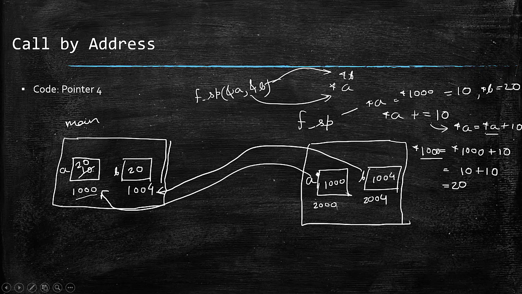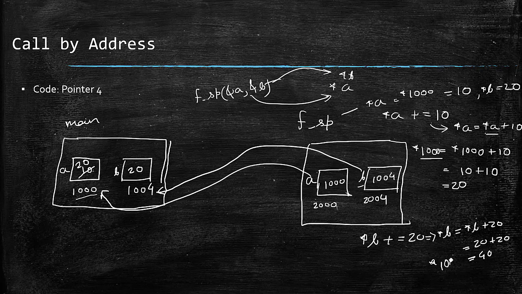Similarly, *B += 20 will be *B + 20, which will be 20 plus 20, that is 40, and this 40 value will be stored in the address pointed to by B, which is 1004.